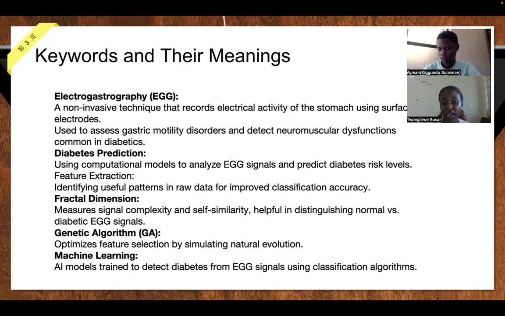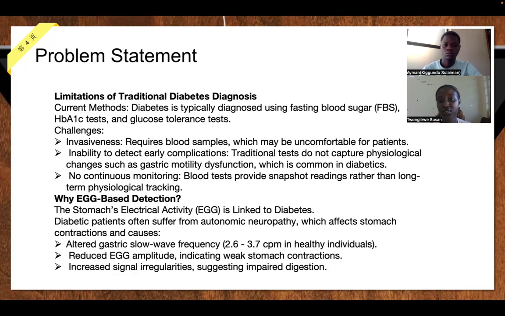Fractal dimension measures signal complexity and self-similarity, helpful in distinguishing normal versus diabetic EGG signals, as we're going to be seeing down the line. Then the genetic algorithm, which optimizes feature selection by simulating natural evolution. And machine learning itself, as I've been saying, is the AI models trained to detect diabetes from EGG signals using classification algorithms.